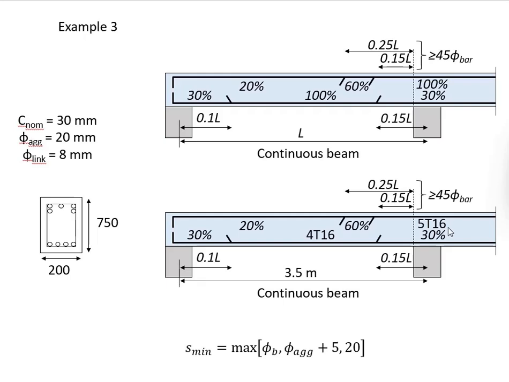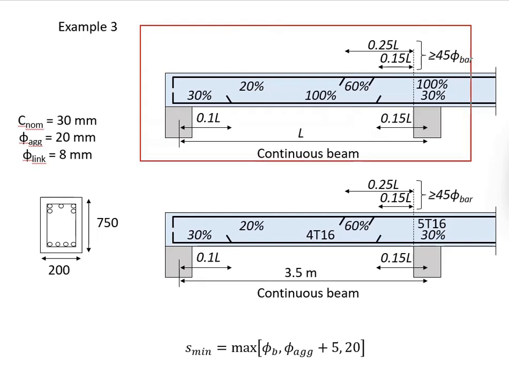This time, you will have the members more heavily reinforced and the beam span is relatively short. At the end of the day, the parameters governing the final layout of the reinforcement will be slightly different than the two examples previously. Without further ado, let us look into the example.